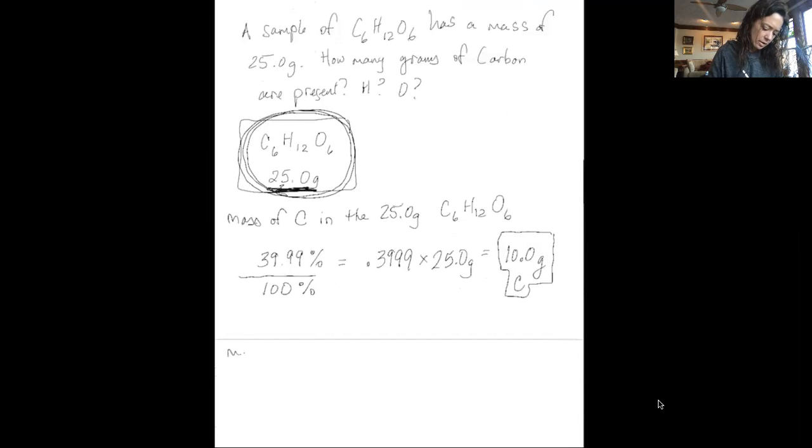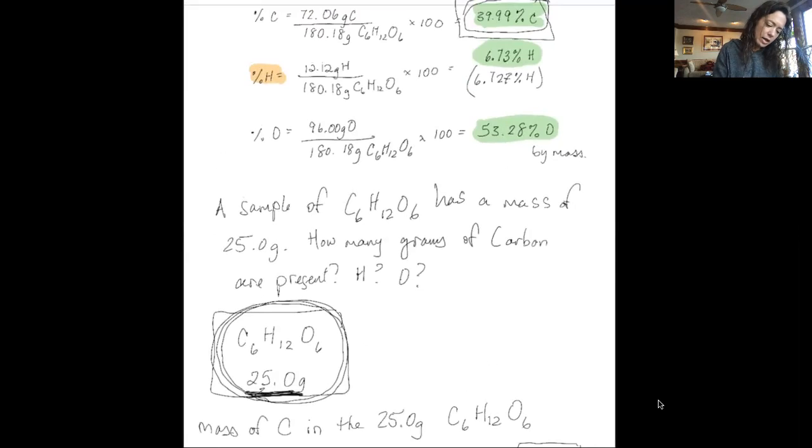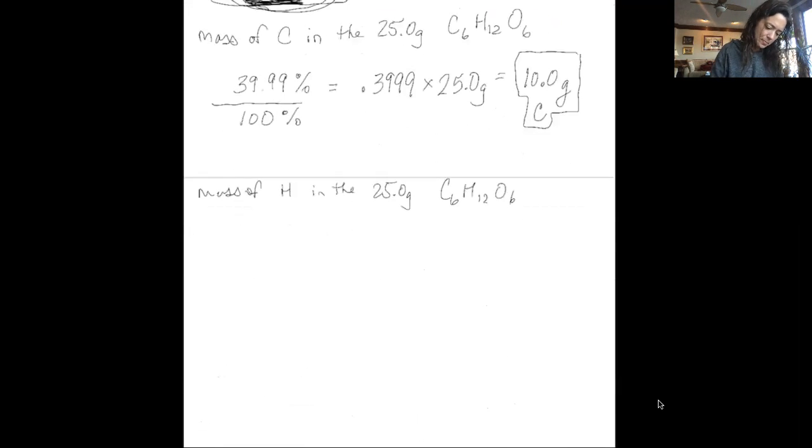The mass of hydrogen in the 25 grams of the compound, well, I need to get the percent of hydrogen, right? Right here, I see that no matter how much of the compound I have, 6.727% is hydrogen.